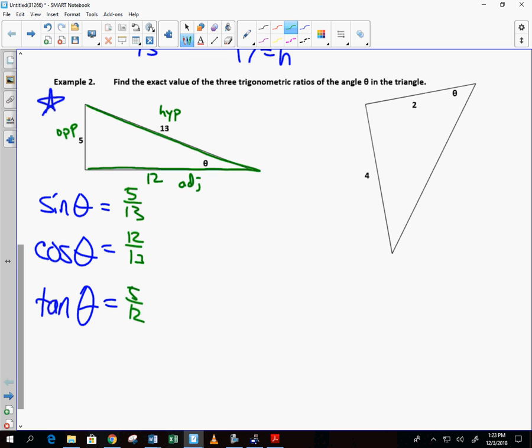You're going to turn to your worksheet. You now need a calculator. You cannot do the next part without a calculator. It is not possible.